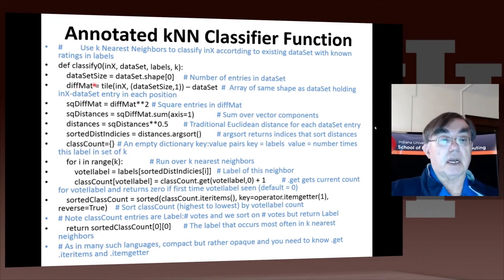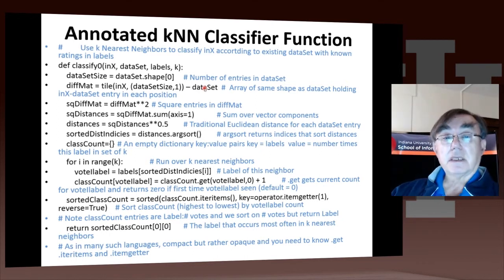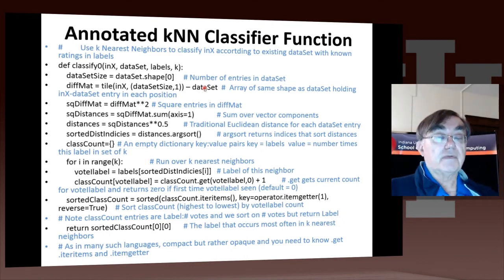So that's what this tile command does. It just replicates index a number of times equal to the dataset size. Then we subtract dataset. So now we actually have in diffMat a set of vectors which are just the difference between index and the dataset values.